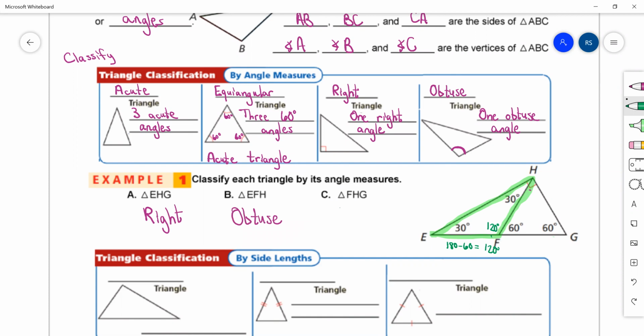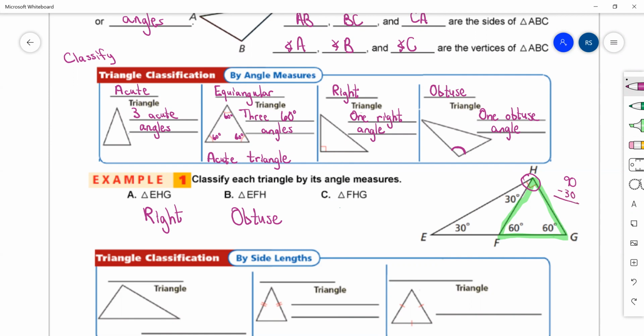Okay, next one. Erase my picture. FHG. So it's going to be this one. They tell me that this small piece of angle H is 30, but this tells me it's 90. That whole angle is 90.